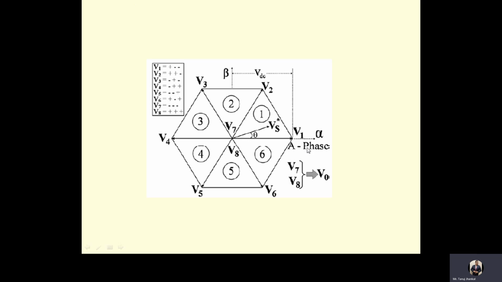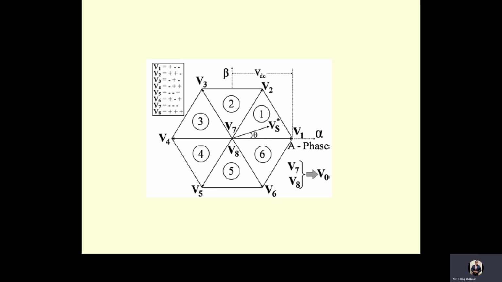Which means for the switching purpose here in this 2-level inverter, as Vs is in the first triangular sector, V1 and V2 will be used for switching, and sorry, V7 also. So V1, V2 and V0 will be used for switching purposes only, and others will not be switched. And when it is in the second triangular sector, V2, V3 and V0 will be switched.